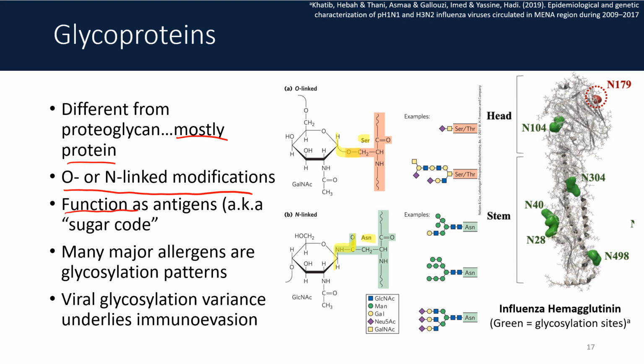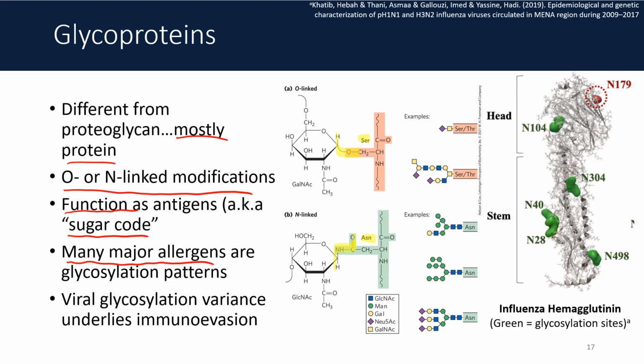And very often, glycoproteins are going to serve as antigens, aka it's going to form a sugar code. Membrane-bound glycoproteins are the way that our immune system can determine what is self and what is non-self, and several major allergens are actually glycosylation patterns as well.